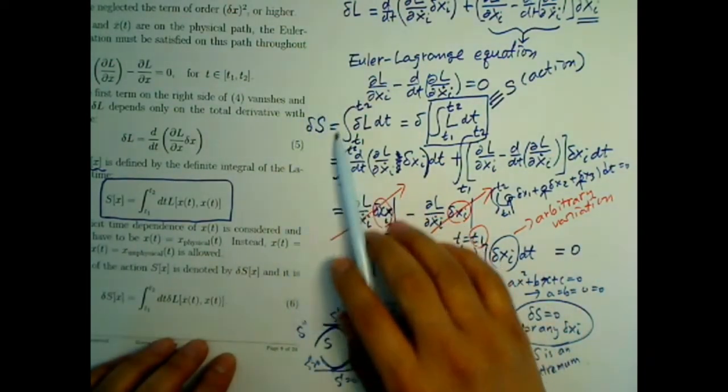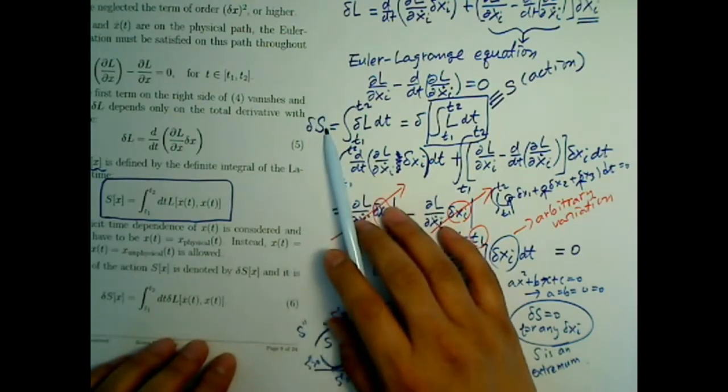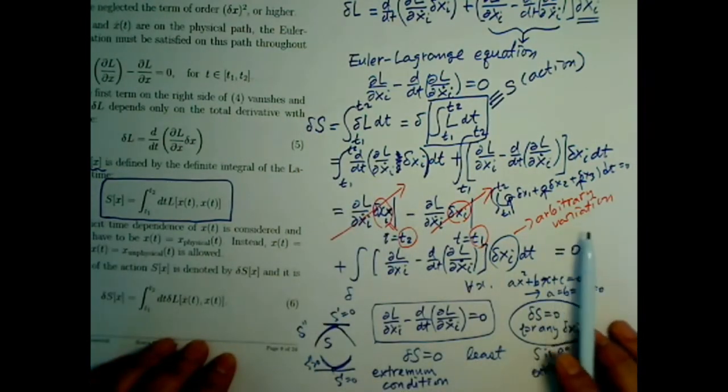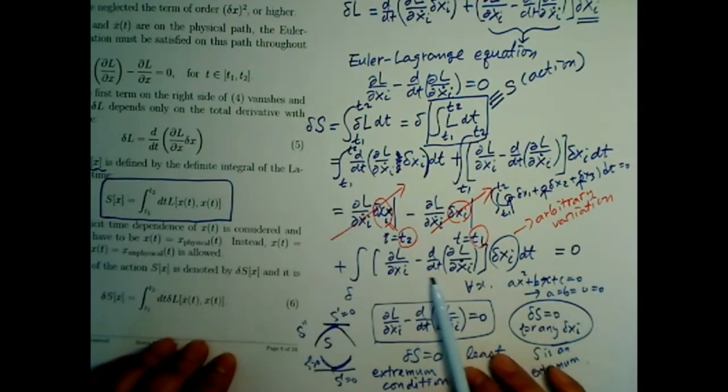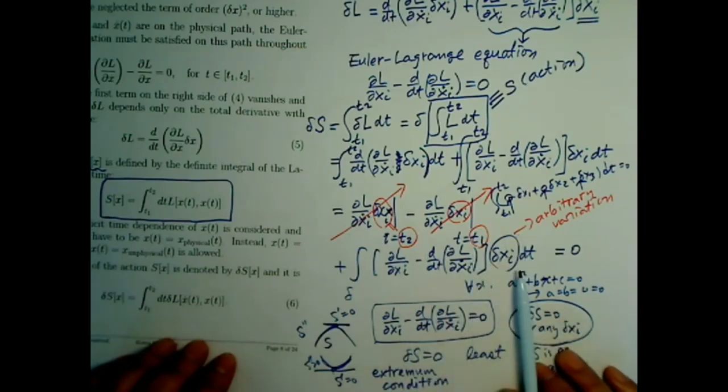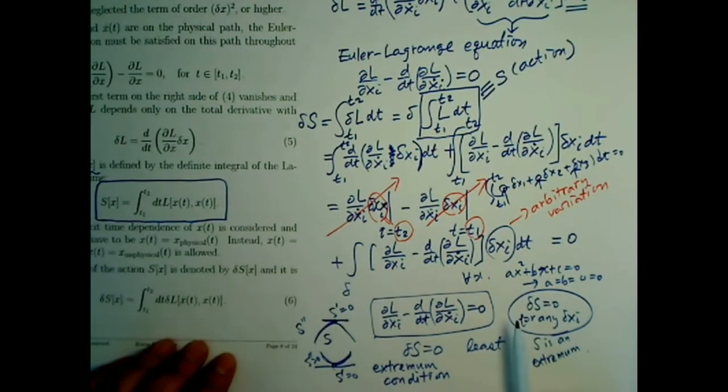So minimizing the action, the least action principle, requires that the coefficient of this arbitrary variation must vanish everywhere for any index independently. So we derive the Euler-Lagrange equation from the requirement that the action should be minimized.